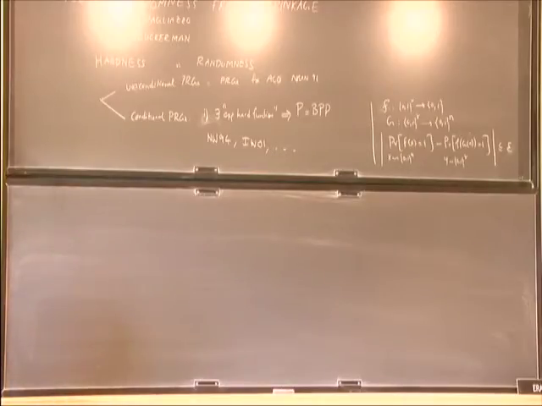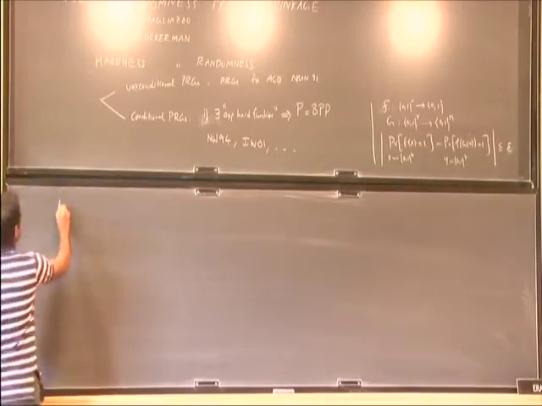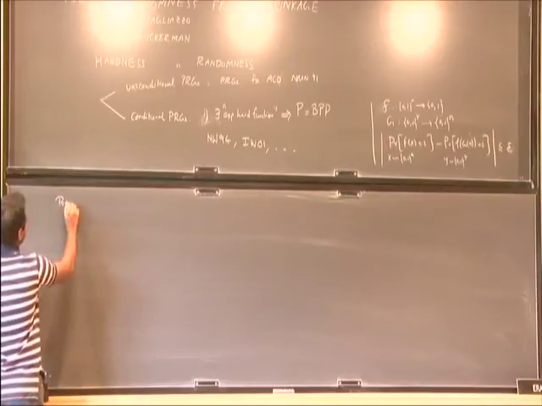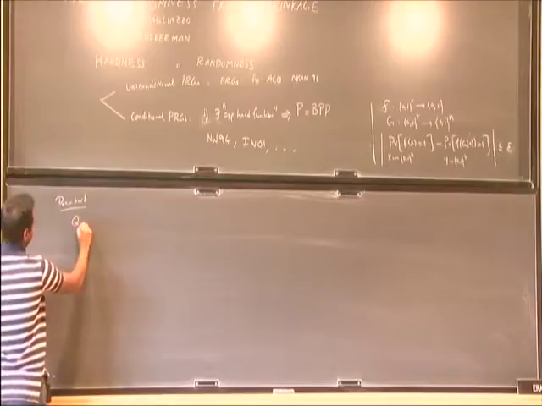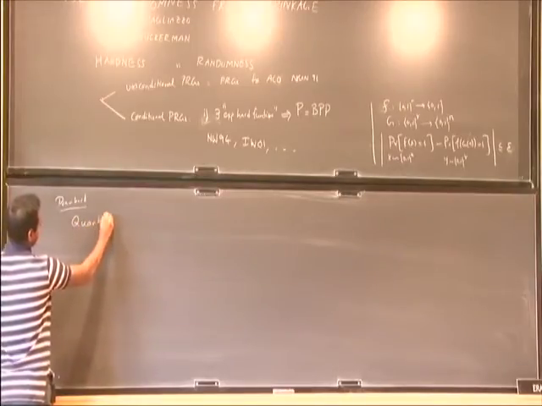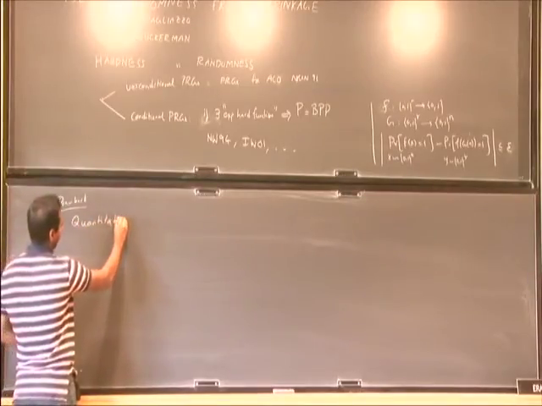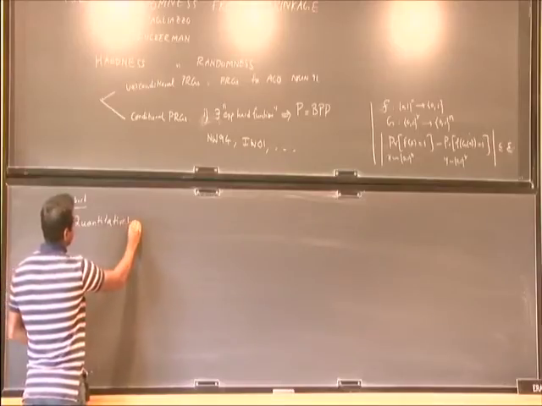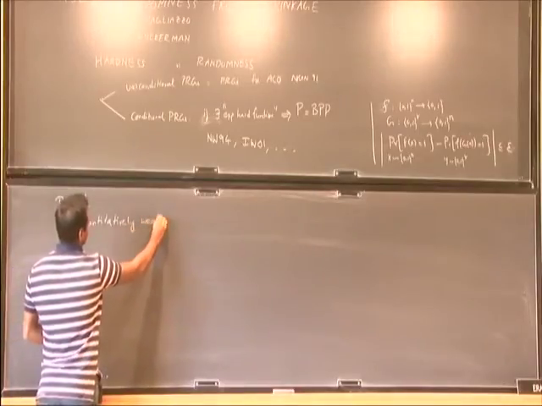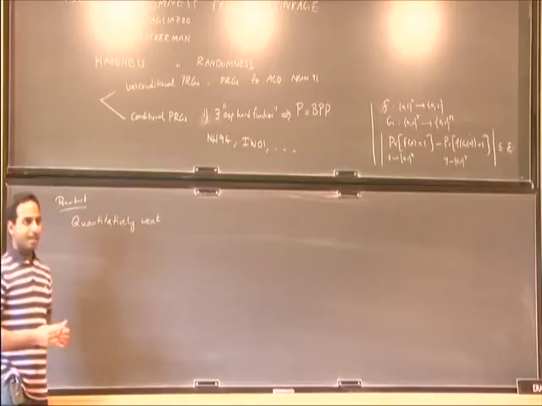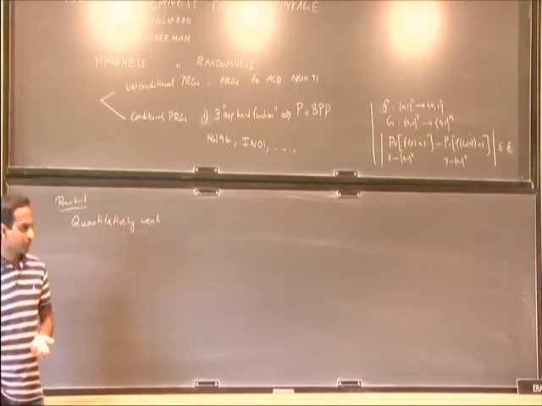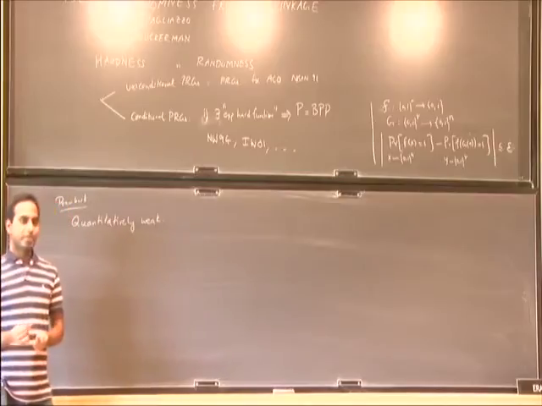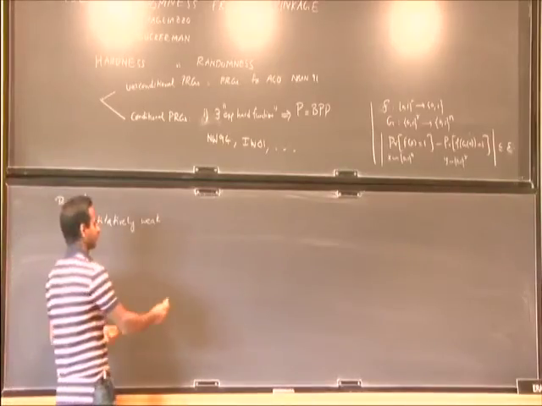So what's the drawback of this? It's quantitatively weak. For instance, let's say I have a class of functions for which I have only a cubic or quadratic, or n to the c, lower bound, where c is some fixed constant.